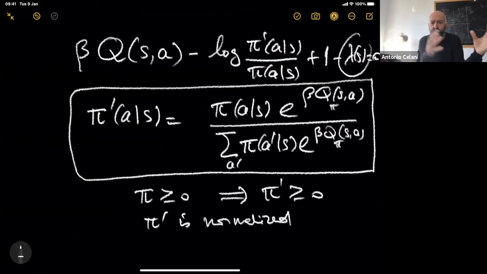Clearly, this skews the probability distribution towards the entries which have a larger Q. So where my matrix Q is larger, there will be more probability. So this makes sense. I have a policy, I construct an estimate of what this policy is worth, and then I get to a new policy which has larger entries in the actions that give the most.